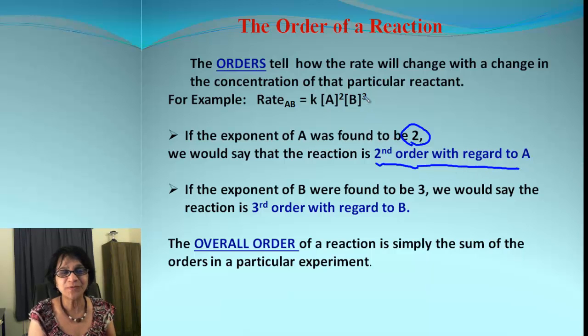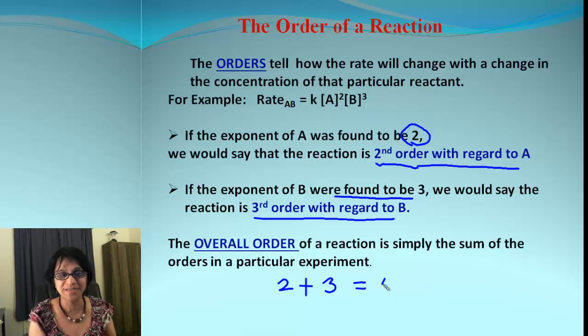Then the exponent for B is 3, that means with respect to B the order is third. And then what is the overall order? It is simply adding the orders with respect to A and B, or all the reactants. So in this case it's 2 plus 3 equals 5 as the overall order.